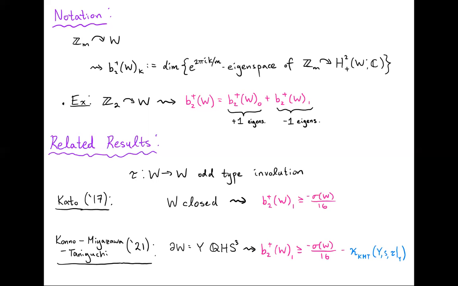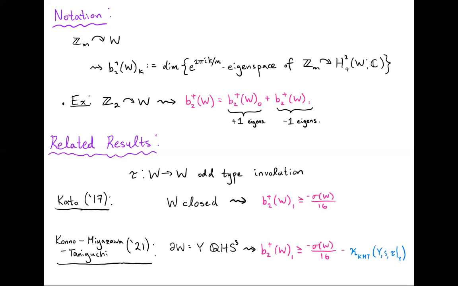It says that if we have W with boundary a rational homology 3-sphere, then we have the same inequality, but minus the correction term kappa_KMT of the equivariant manifold on the boundary, which in general is a different invariant than Manolescu's invariant.